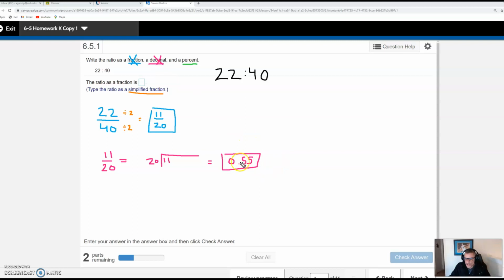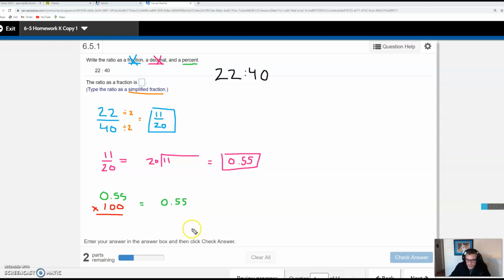All right, if I want to turn a decimal into a percent, I just multiply that decimal by 100. So I have 0.55, and we're going to multiply it by 100. So this would sort of be the longer way of doing it, doing the old standard algorithm. Anytime you multiply a number by 100, what you're really doing is just moving the decimal point.